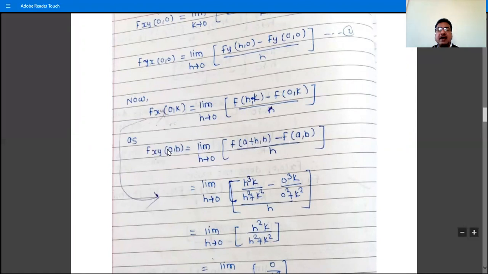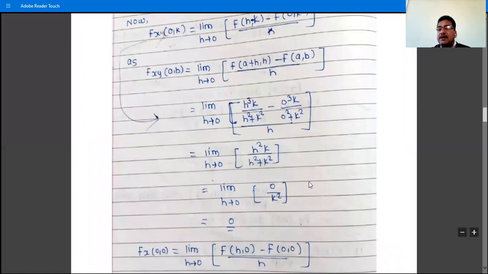So write a as 0 and b as k. We have f(0+h, k), that is f(h,k), minus f(0,k), divided by h.